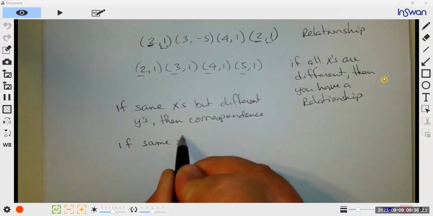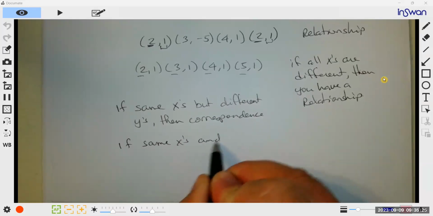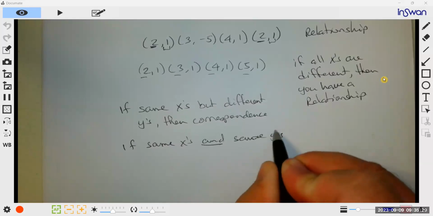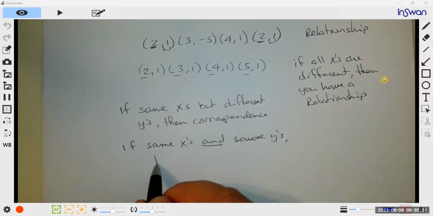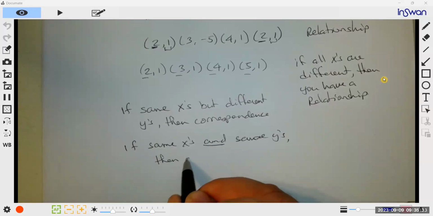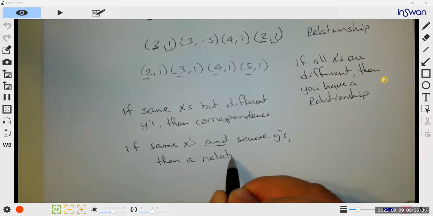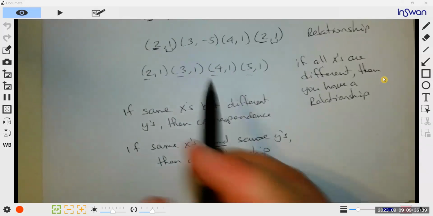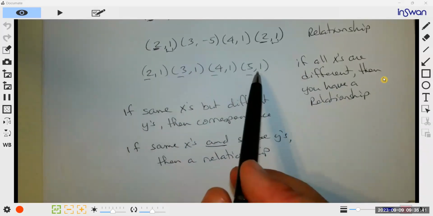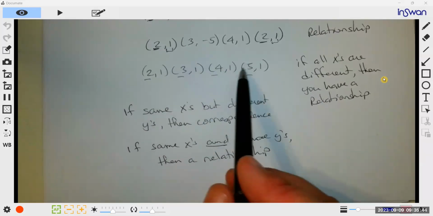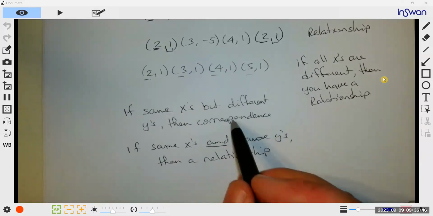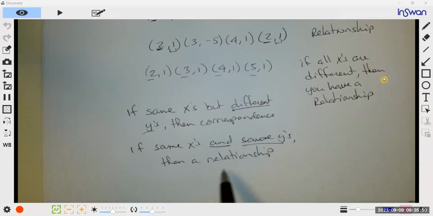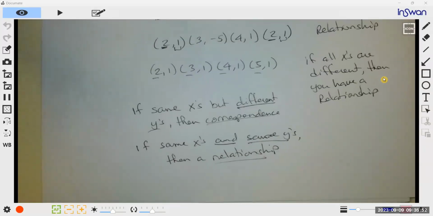If same x's and same y's, then relationship. So that's what you have to look at. Just in a list, look and see if you find any two x's are the same. If they're the same x's and different y's, then it's correspondence. If it's the same y's, then it's relationship. That's all you really have to look at.